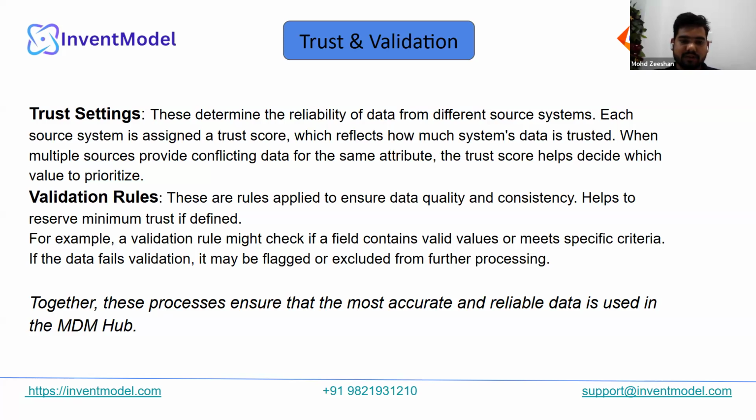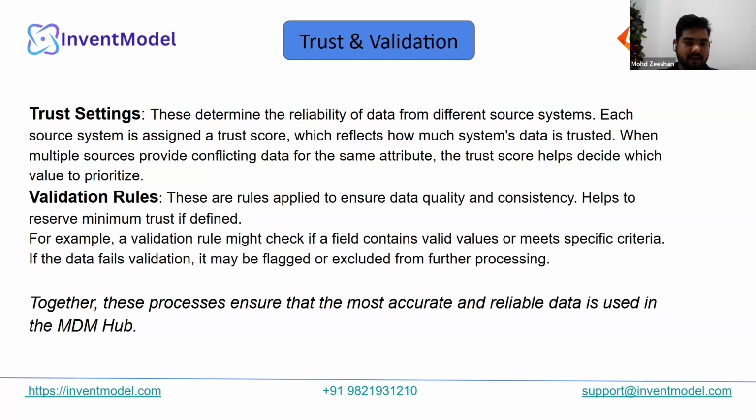According to the trust value, we can get the trusted record, which we can call the golden record. In real time, the business team will decide what the trusted record is and what the trust value is for each record. But for basic understanding, trust is used to get the golden record, the record that has the maximum trust value. This record is called the golden record.